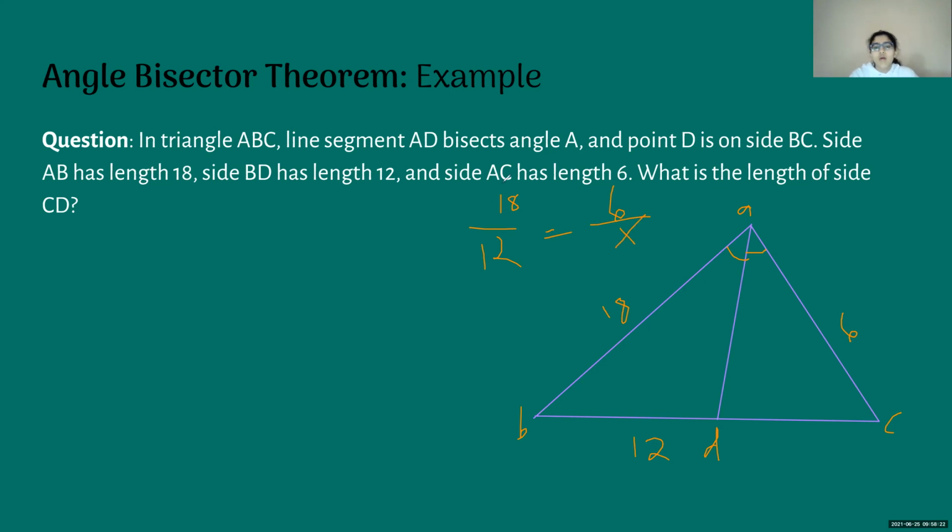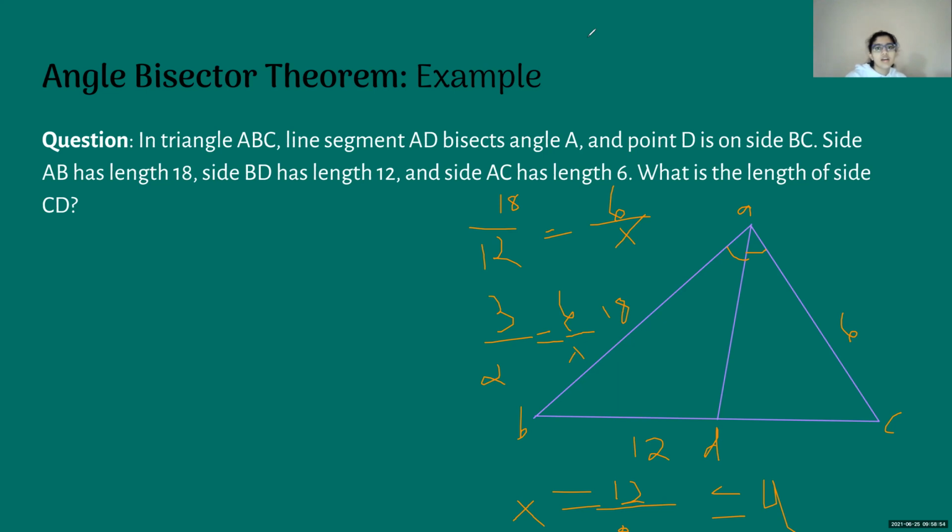So on the left side, we get 3 over 2 is equal to 6 over x, and then we multiply both sides by x and divide by 3/2, and we get x is equal to 12 over 3, which is equal to 4. So yes, the correct answer is 4. Good job in the chat. It is good that you all got it correct.